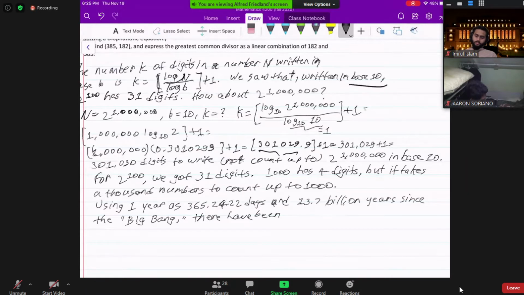I found that there have been 432 quadrillion, 329 trillion, 880 billion, and then I just use that many significant digits.